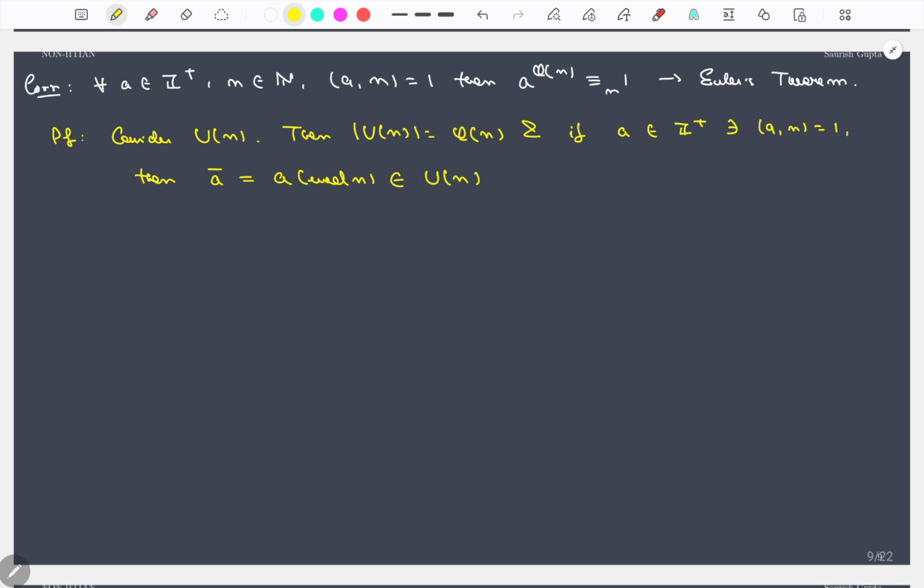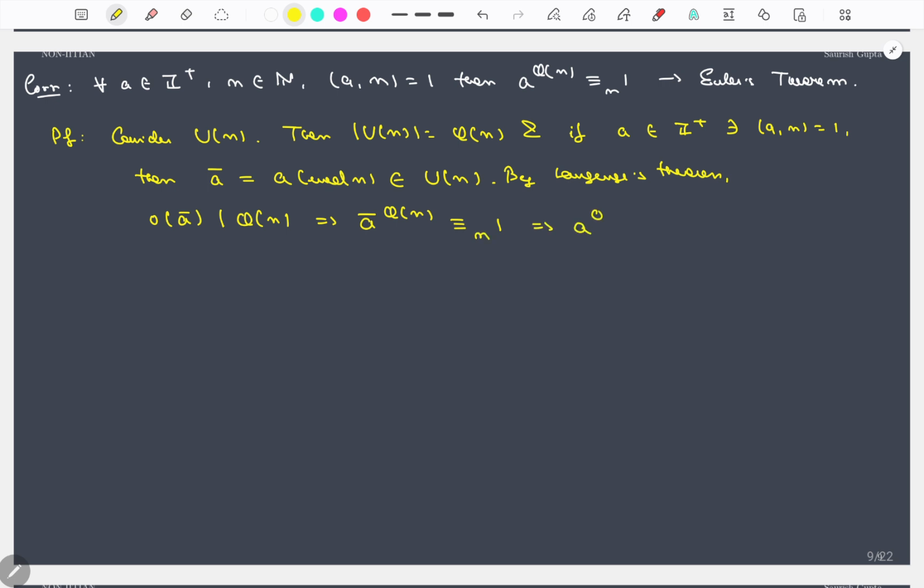Okay, are you getting my point? So it's inside U of n, but then by Lagrange's theorem, the order of a bar must divide phi of n, and we know that a bar to the power phi of n must be congruent to 1 modulo n.